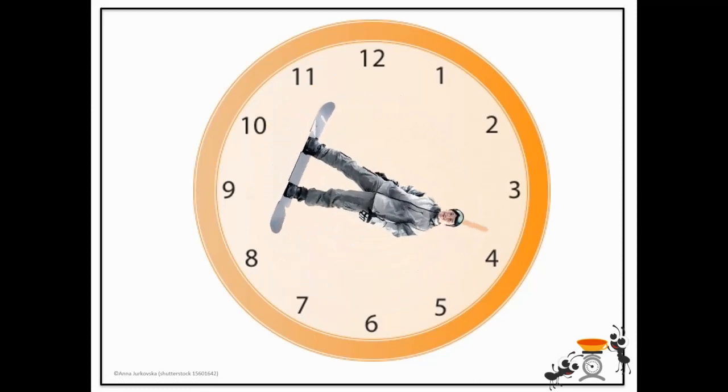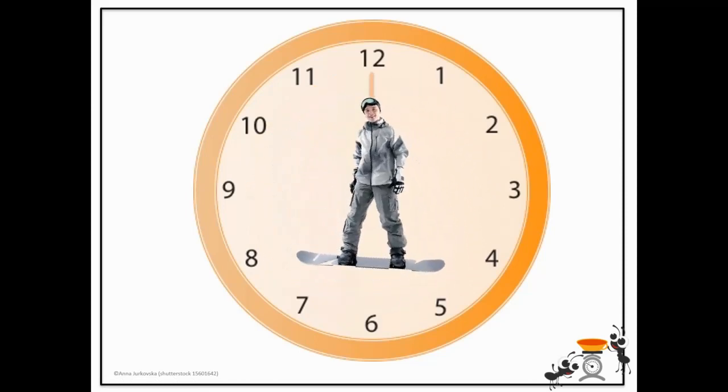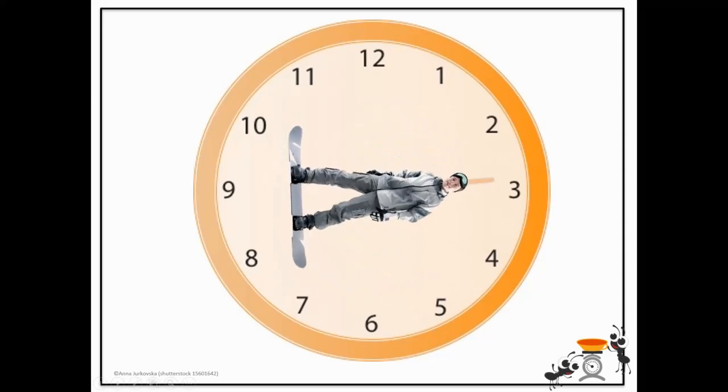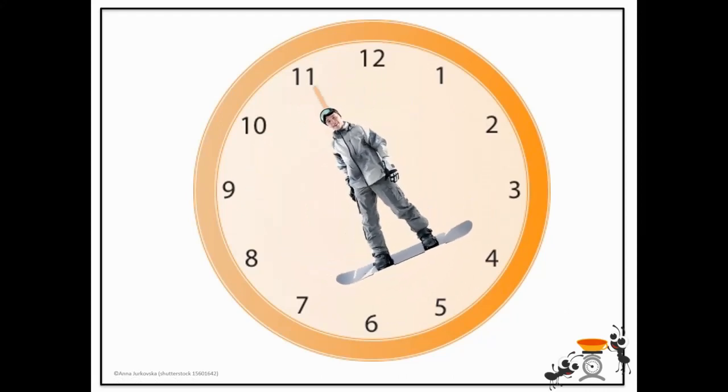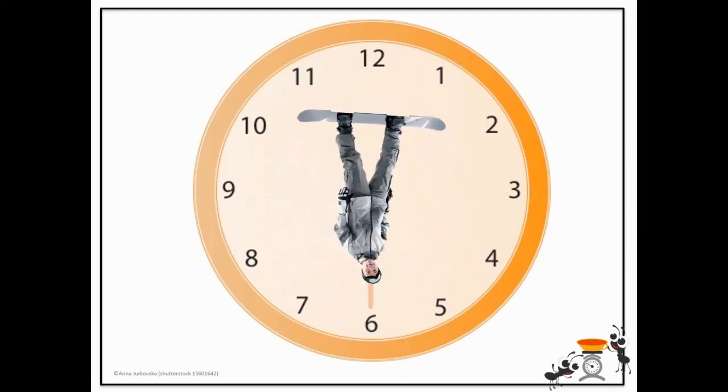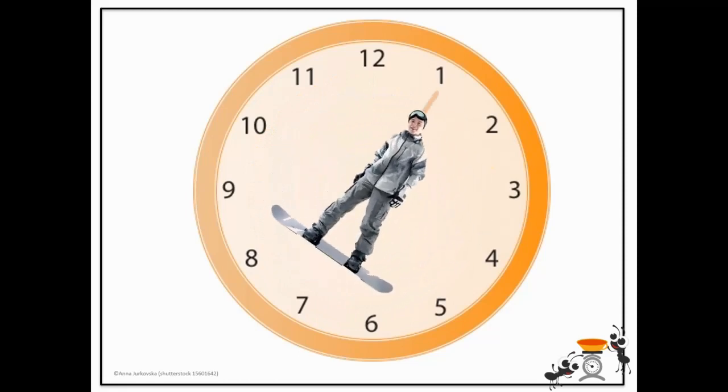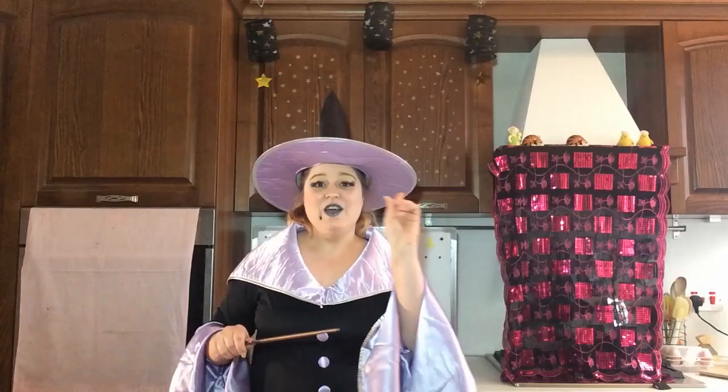In which direction are the turns? Are they whole turns or are they parts of turns? Let's watch it again. The snowboarder made 2 whole turns.